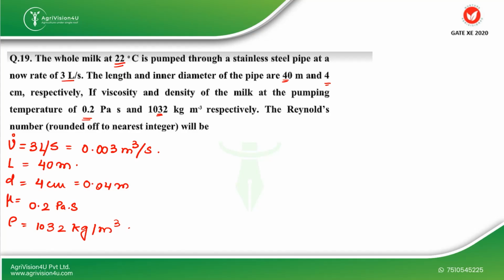Now first we have to calculate the cross sectional area of the pipe. So A equals pi r square.